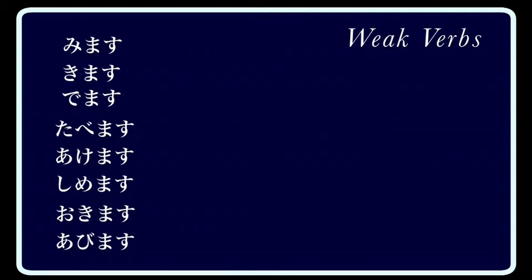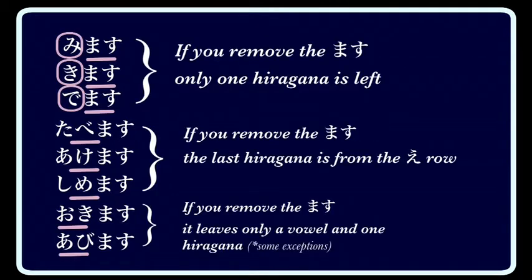If you're unsure of the differences between weak and strong verbs, it's something you need to review. So let's quickly have a look at how we determined a weak verb versus a strong verb. Then we can have a look at how to change the verbs into the plain past. All of our weak verbs were verbs like mimas, kimas, demas. If you remove the mas, they only have one hiragana.